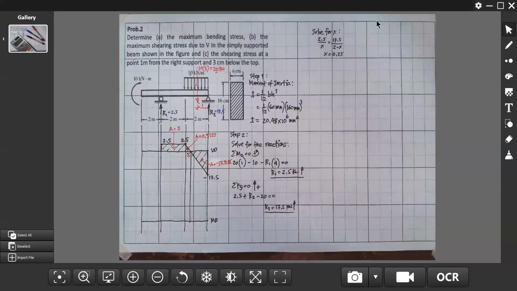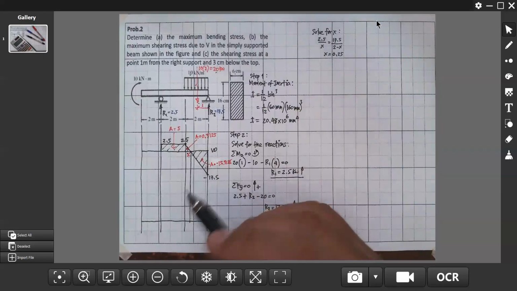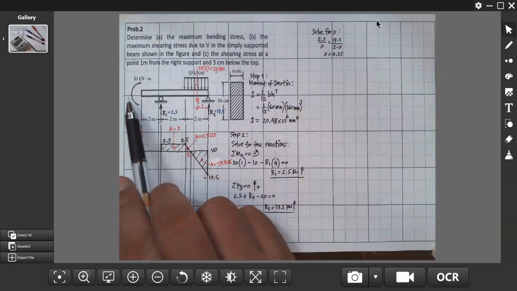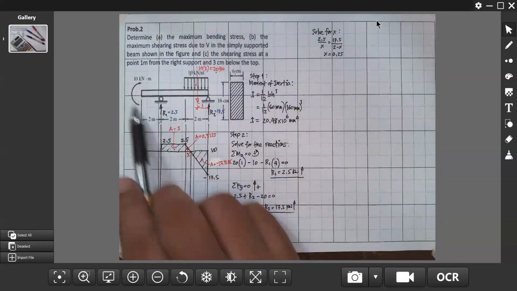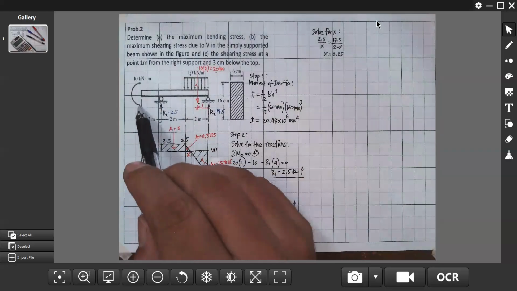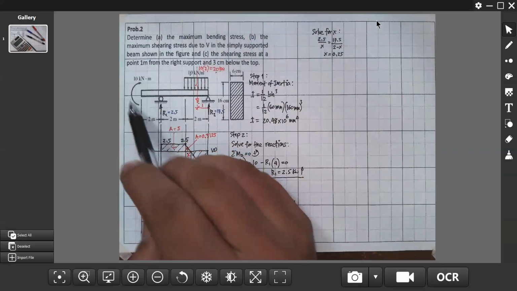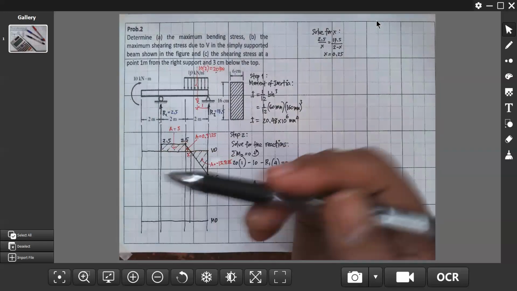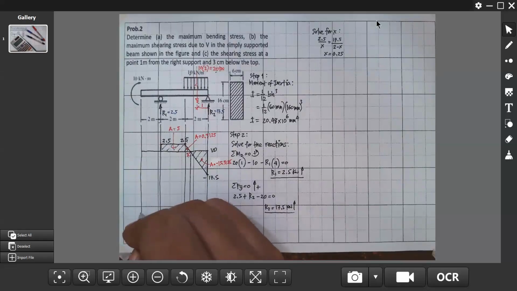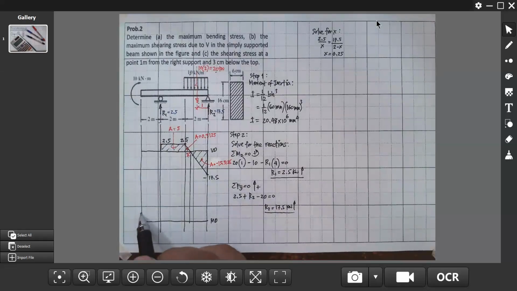So, let's plot the moment diagram. The load of 10 is a clockwise moment. There's a sign convention that when the external moment is clockwise, we plot it as positive. So we plot 10 here.